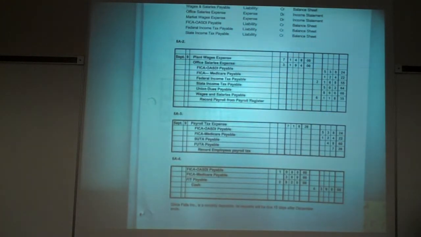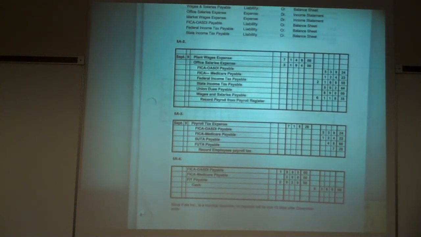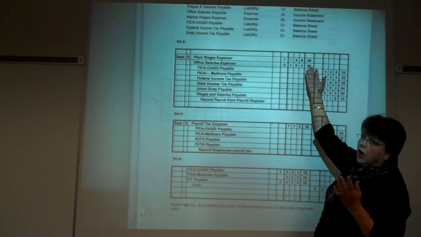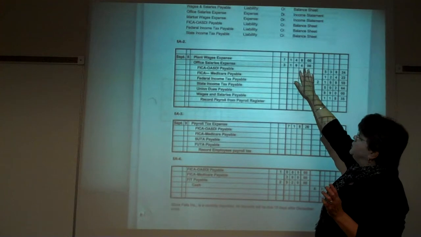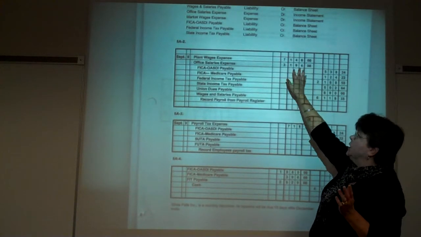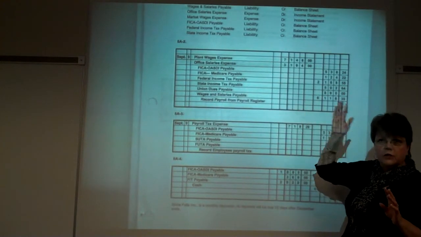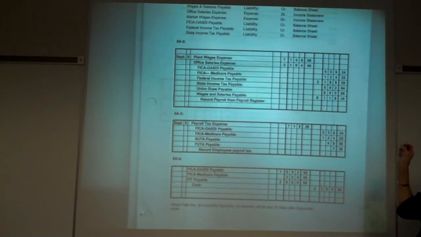The last two columns on the payroll register, and I think there's two on the test. This could just be one if we only had office people. If we just had plant wages, we could just have one. But usually we have two. We have a wages and we have a salaries, workers that work within our company.